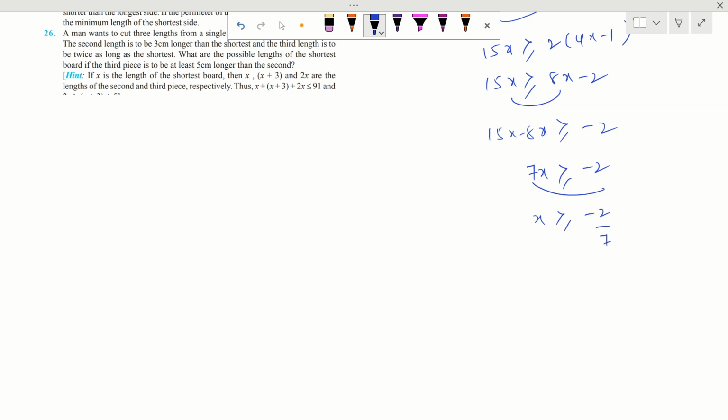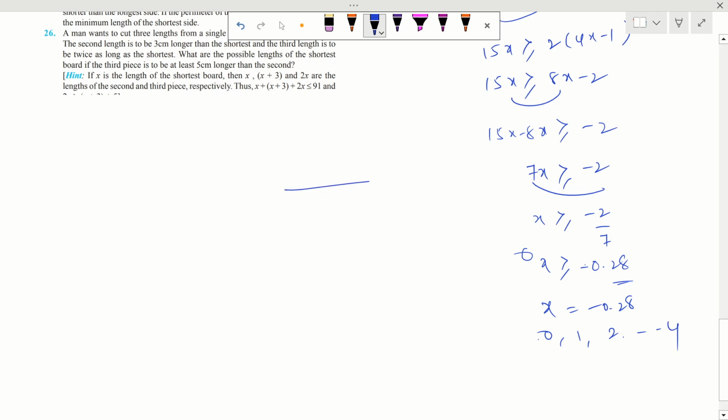Minus 2 by 7 means we have the value minus 0.28, so x is greater than or equal to minus 0.28, and that is the solution. If we put in the values, 0 is greater than minus 0.28, 1 is greater than minus 0.28, 2 is too; all positive numbers are greater than minus 0.28.